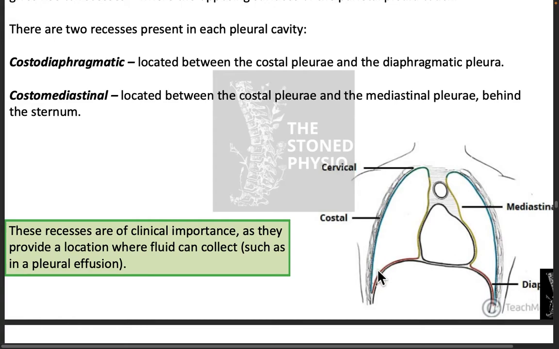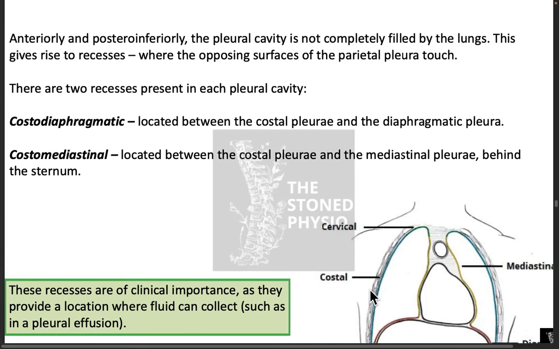It means this segment of the parietal pleura is the region where the lung is not present. So in this segment the opposite surfaces of the parietal pleura tend to touch each other, and that region is called the pleural recess.